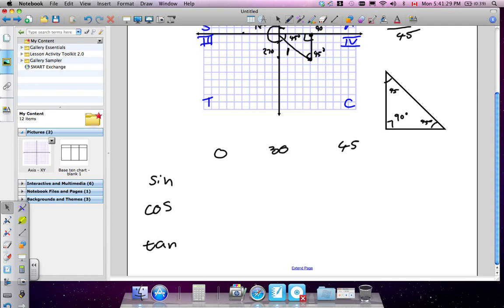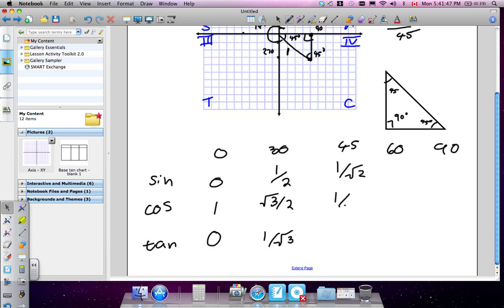For sine you got 0, a half, 1 over the root of 2, the root of 3 over 2, and 1. For cos: 1, the root of 3 over 2, 1 over the root of 2, a half, 0. For tangent: 0, 1 over the root of 3, 1, root 3, undefined.